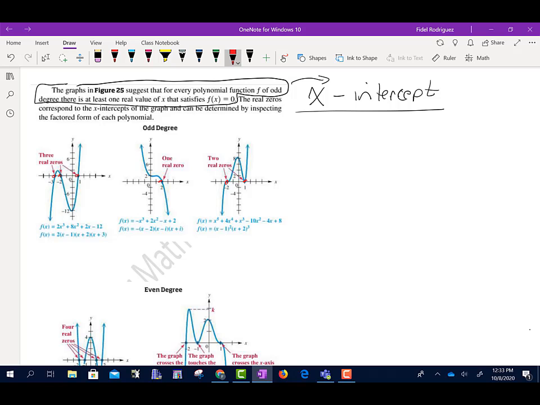Now, one of the things I want to point out is when the graph just kind of crosses through and then comes back up, each of these x-intercepts occurs once, okay? Occurs one time. Same thing here. This thing just passes right through, it occurs once.